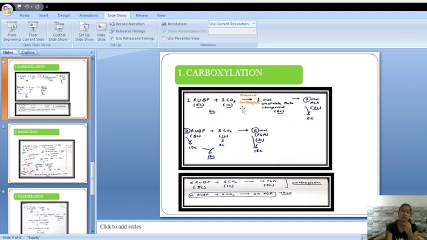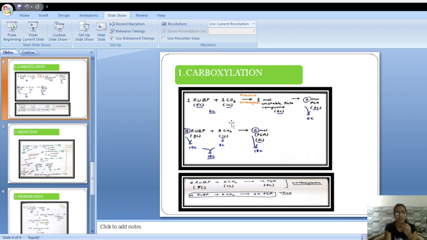Now the very important factor to keep in mind while studying Kelvin cycle is that we have to simply remember the carbon number. We have to balance out the carbon number every time, in every step. RuBP is a 5 carbon compound and CO2 has 1 carbon. So on the left side of the reaction there are a total of 6 carbon.